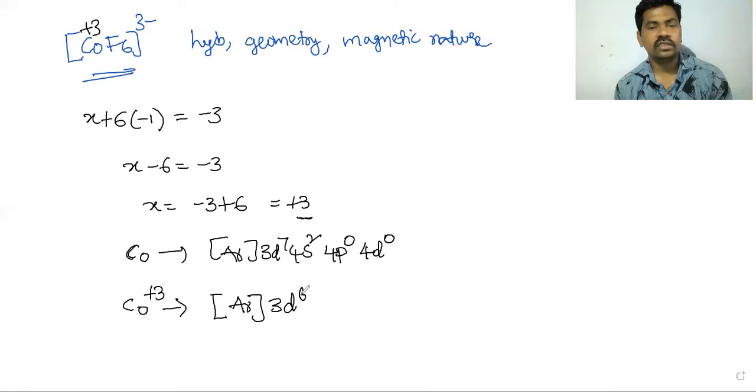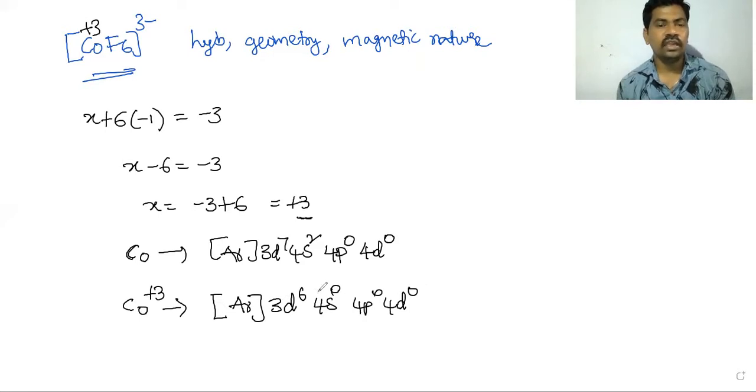So argon 3d6, 4s0, 4p0, then 4d0. Two electrons are removed from the s orbital, then 1 electron from the 3d level. So after removing 3 electrons, it has the 3d6 configuration.